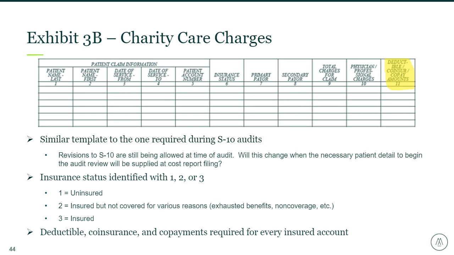Well, on top of reconciling accounts from total charges to balance on an individual level, this is another piece of data that can be very difficult for providers to find, as sometimes it's housed in other parts of their billing system because it's not typically part of just payments, adjustments, and charges assigned to an account. So having this be required up front means that a hospital has to have this information, and I would recommend having the remit up front, to be able to report it so you have support to avoid any negative adjustments at audit.